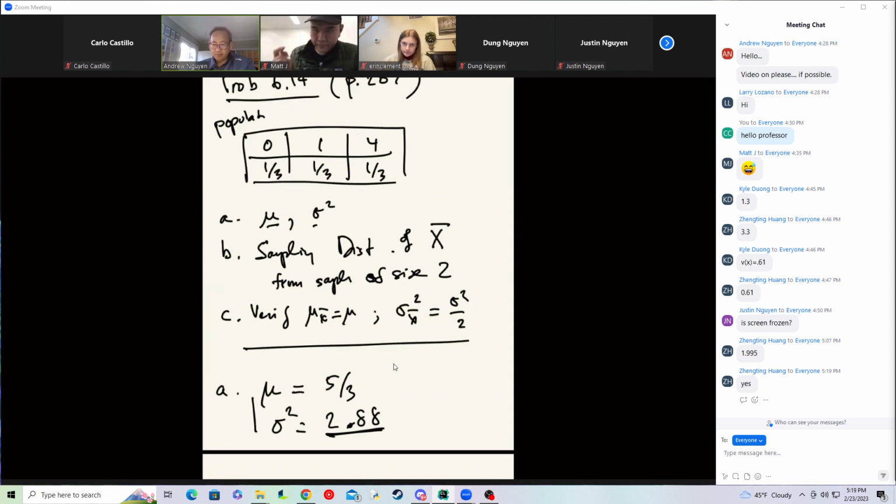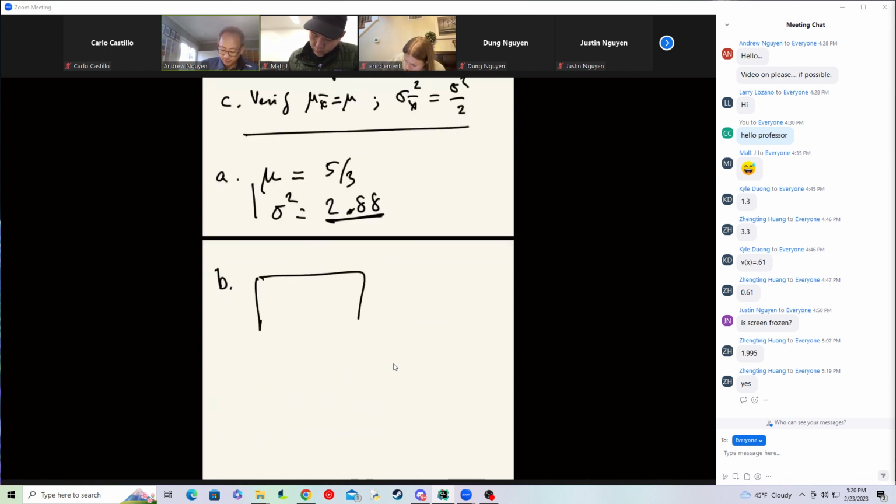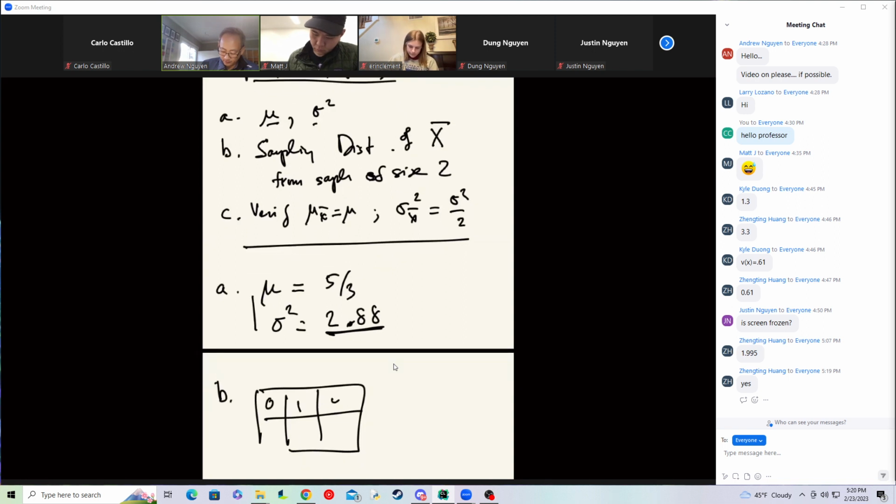B is where you do that big table and then small table, right? So here, this is the population: 0, 1, and 4, each with probability 1/3.